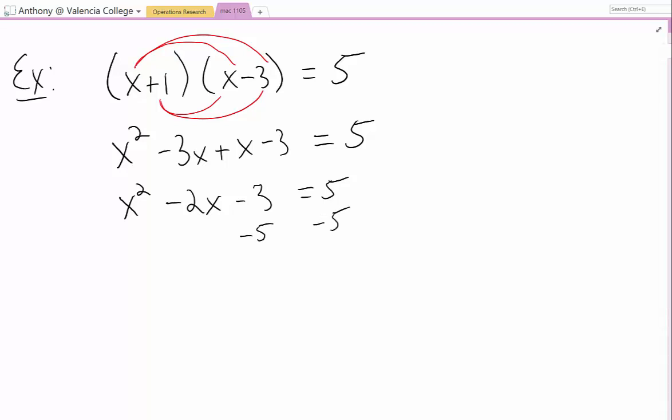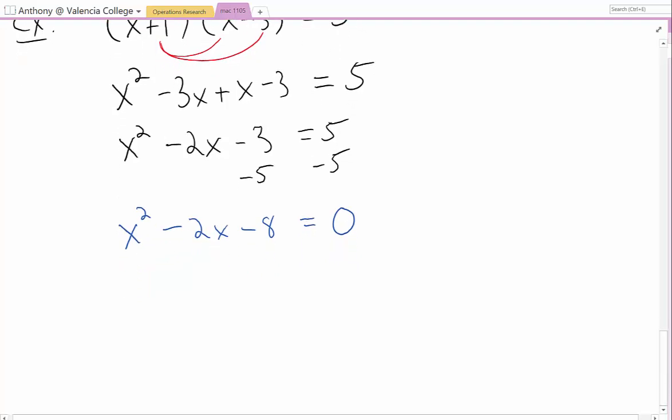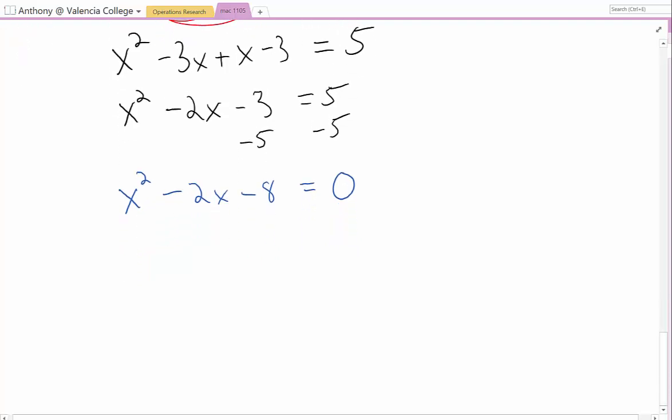So we're going to have x squared minus 2x, negative 3 minus 5 is a negative 8, is equal to 0. Okay? And now we look at that and we say, okay, let's factor it. So what does that factor into? Let's see here.